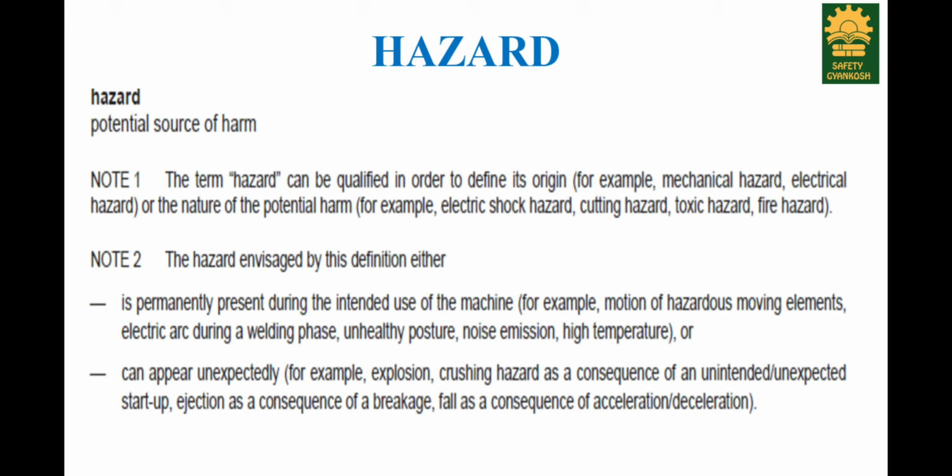But some hazards can appear unexpectedly. What are those hazards? For example, an animal enters into the site or a snake is observed, it is an unexpected hazard. Or the machinery causes explosion. Explosion means there is a fire, so it is a hazard which occurs unexpectedly, but it does not happen in normal conditions. So this is regarding the hazard definition.